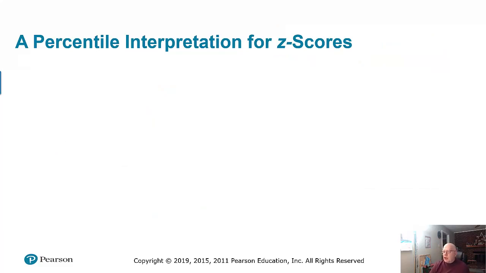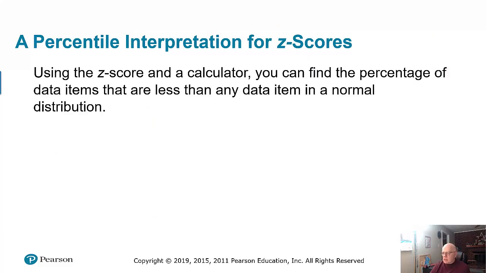So how about an interpretation for those z-scores? With a z-score in a calculator, you can find the percentage of data items that are less than any data item in a normal distribution. Keep in mind, we are talking about normal distributions in this section.